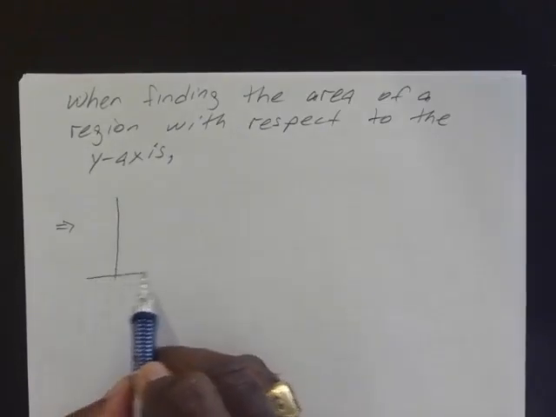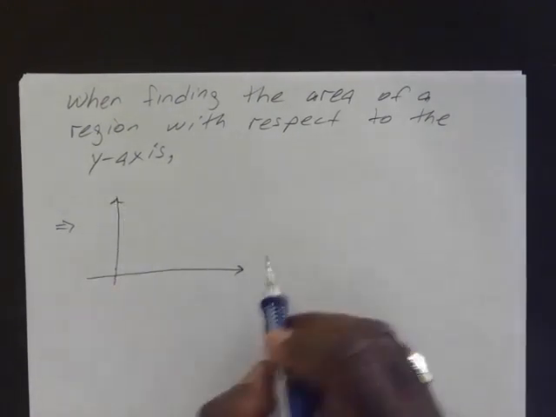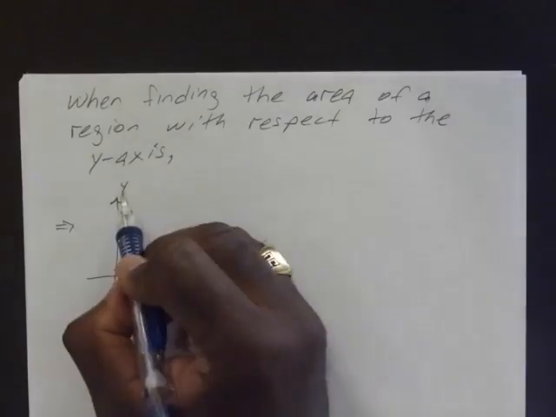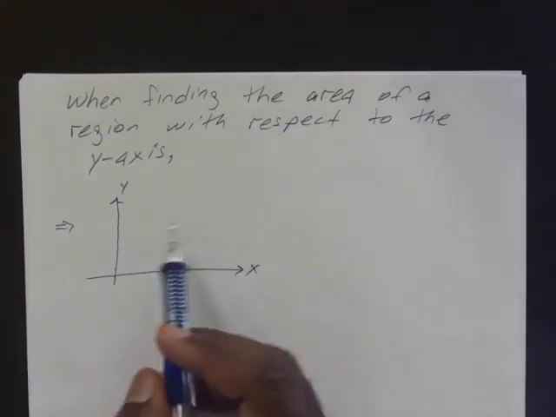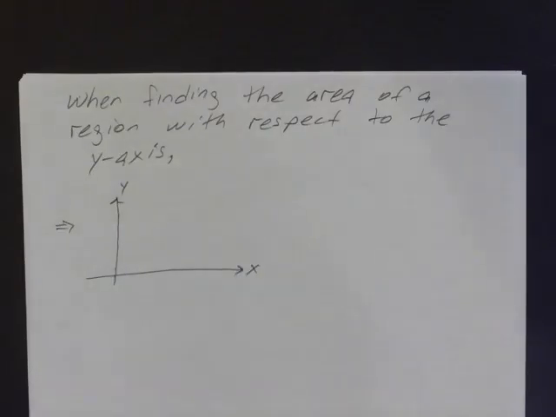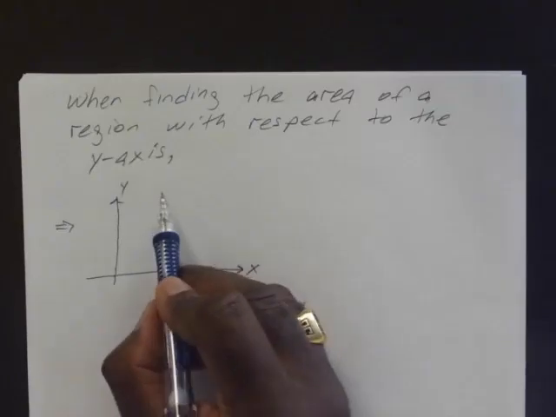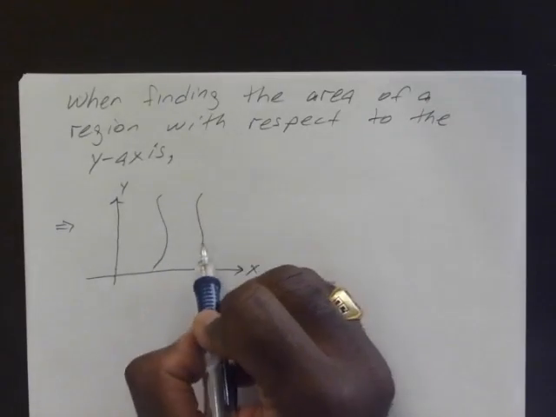So let's say we have our x and y axis. So instead of 2 functions moving horizontally, what if you have 2 functions that are moving vertically? Let's say you have this function here and this function here.